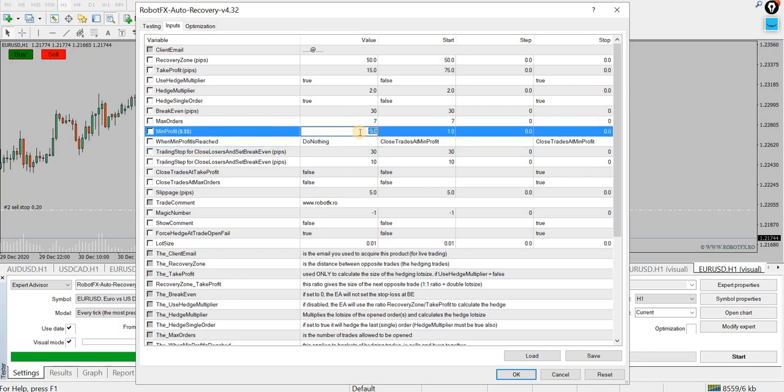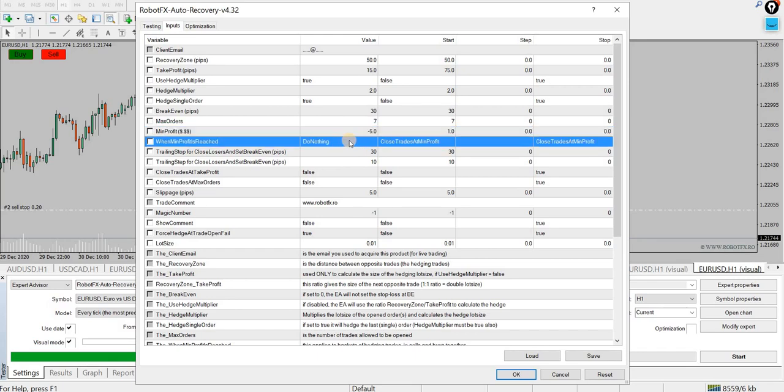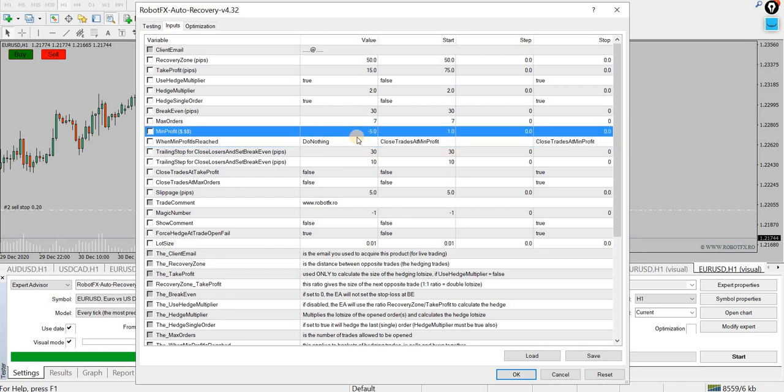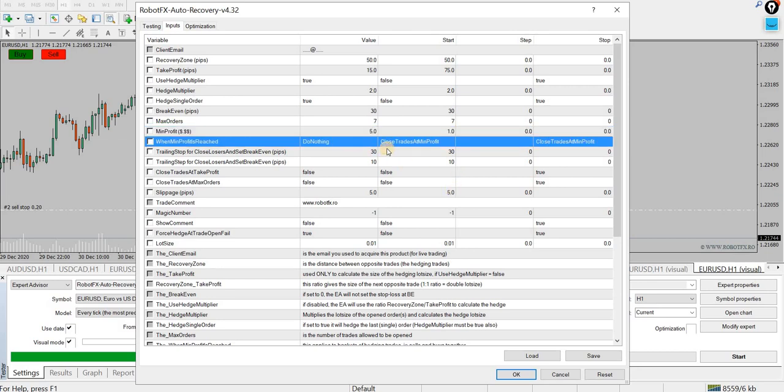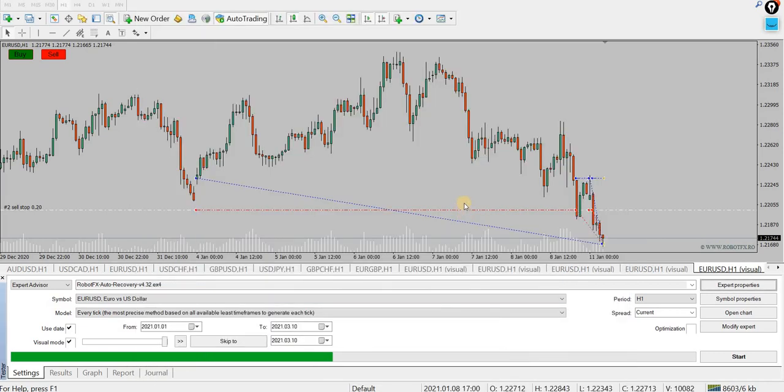You are willing to even lose $5 to do that, but you just want to see all the trades closed on the chart. So that means as soon as their profits combined reach -5, so you are $5 in loss, the expert advisor will close them all. If you want to have $5 in profits, at that moment, the expert advisor will close all of those trades.